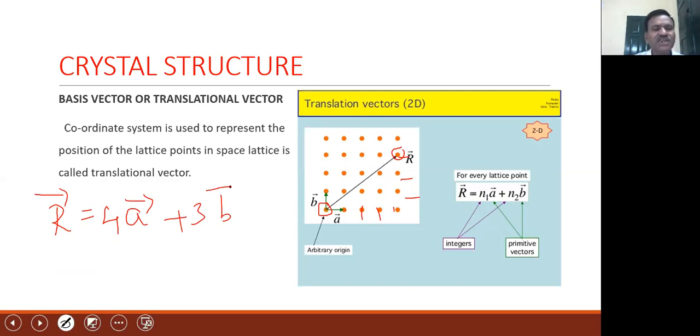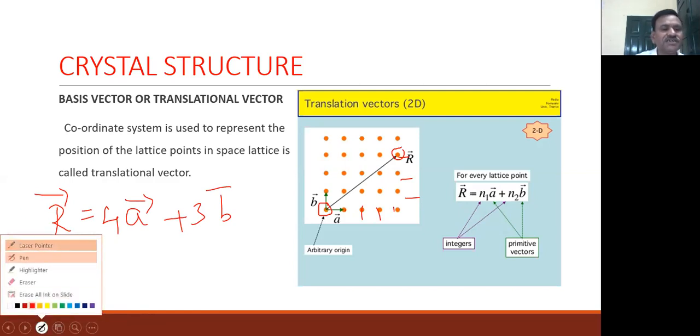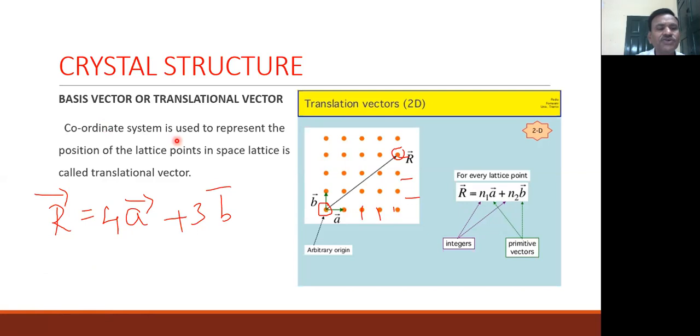The concept of the translational factor in the coordinate system is that it represents the position of the lattice point in the space. The coordinate system is used to represent the position of the lattice point in space lattice, and it is called the translational factor. Please understand, students, what is meant by translation vector?